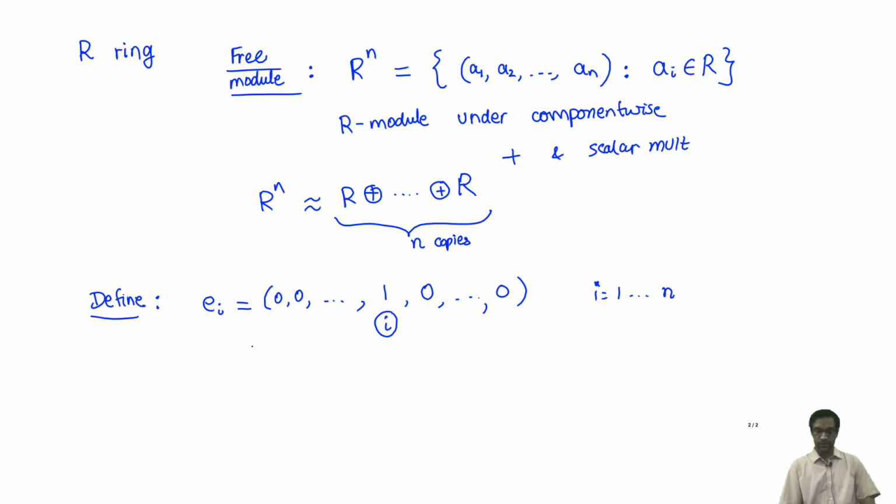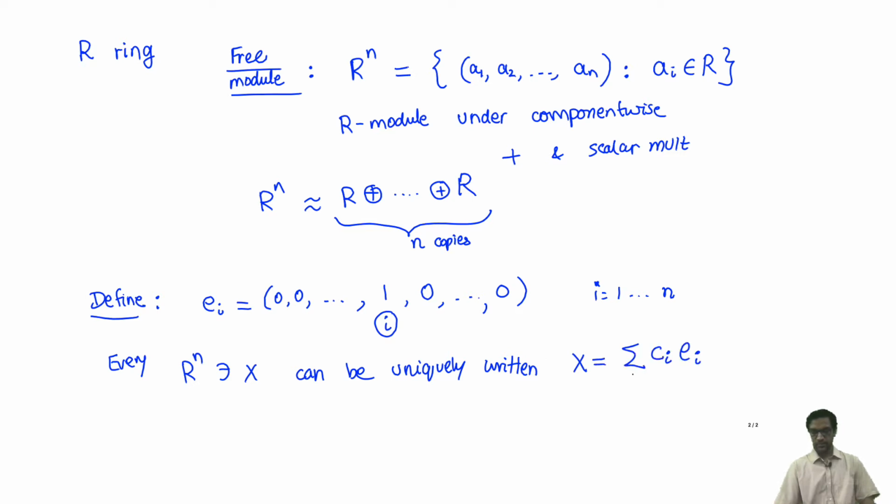As is clear, because the operations are component wise, if I take an element x in R^n, then every element x in R^n can be uniquely expressed as a linear combination of these ei's, summation ci ei, where the ci's come from the ring R. This is more or less from definition.